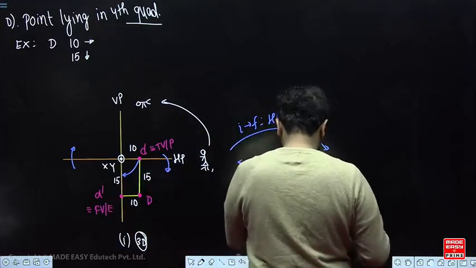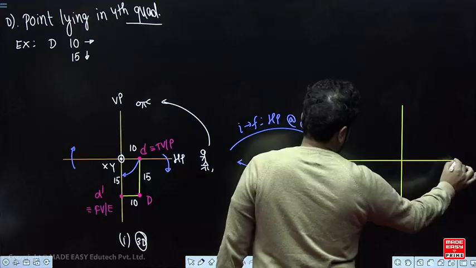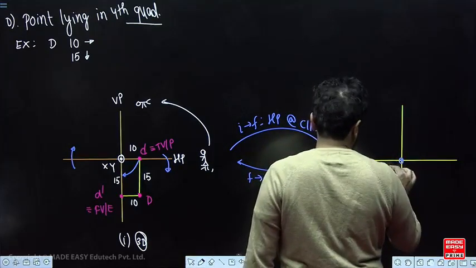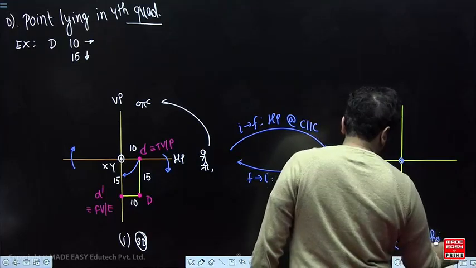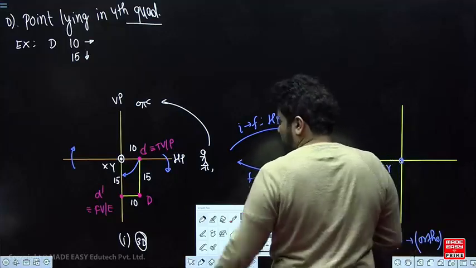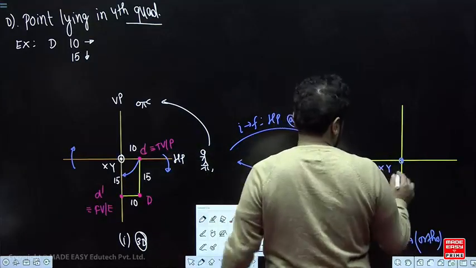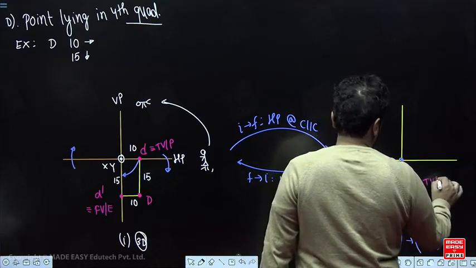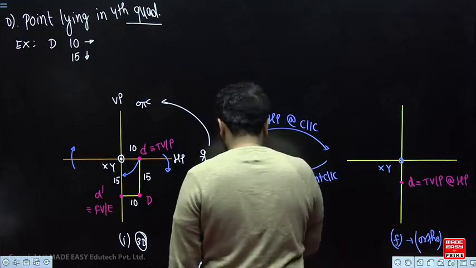So this is your XY, this is the final. Final means ortho. So where are the points? You can see that d is 10, the top view or plan at HP. So how much distance below?